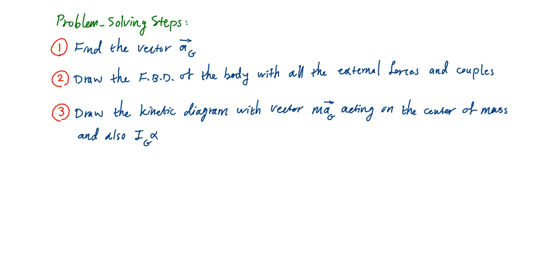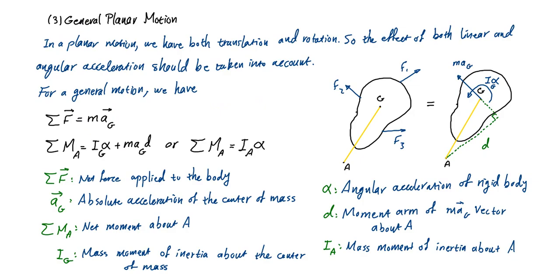Now this is for the case that you are using the first equation for moment, right? You need IG and MAG. If you are using this one, as long as you find the mass moment of inertia around that point that you have the rotation about, you are fine.